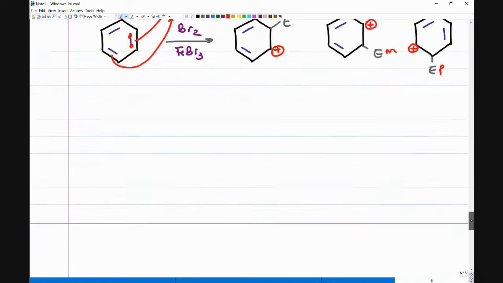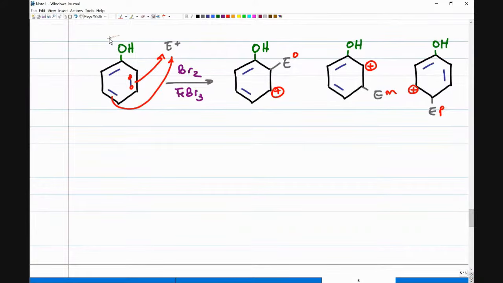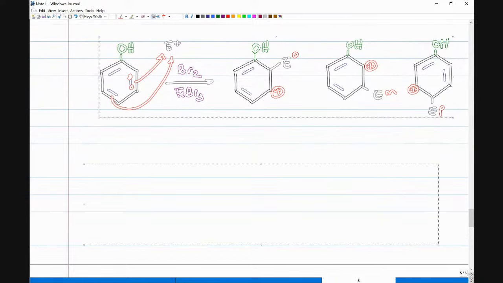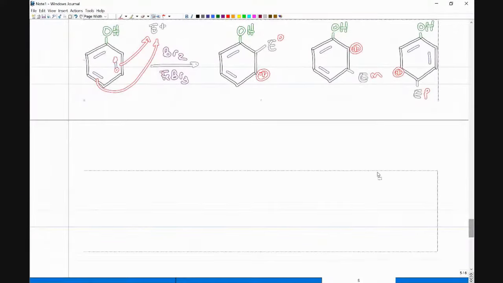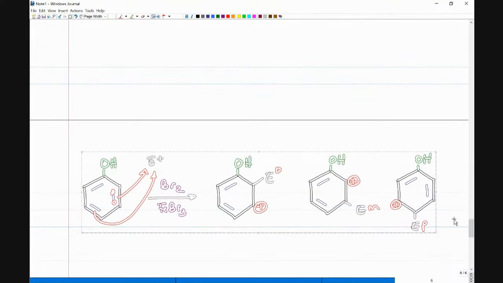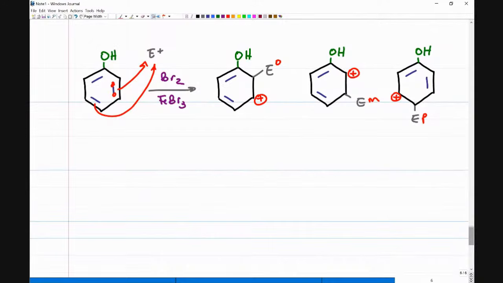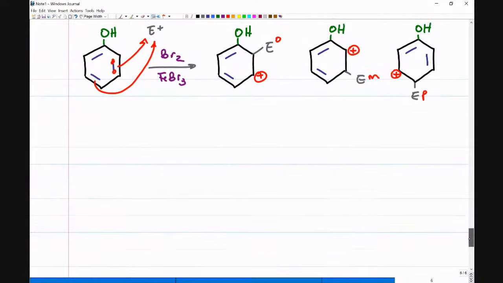Let's put this on another page because I want to have room. If you get nothing else out of today's session, I want you to understand this. So if you've been tuned out, this is where I need you to tune in. In my opinion, this is the most important aspect of what we're doing today. If I put the carbocation at the ortho position, the sigma complex, remember, can have resonance.